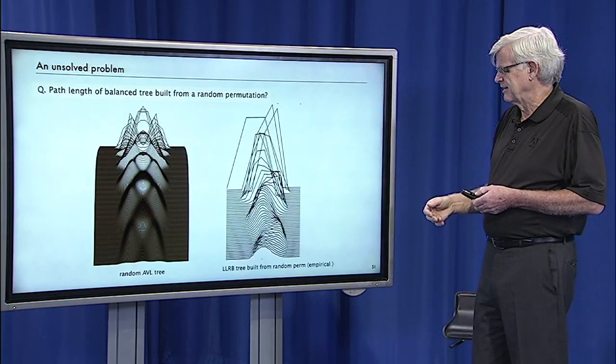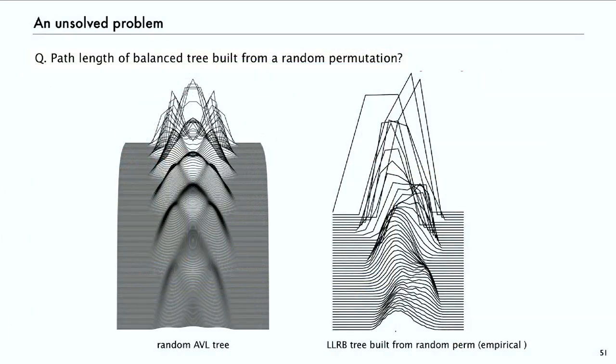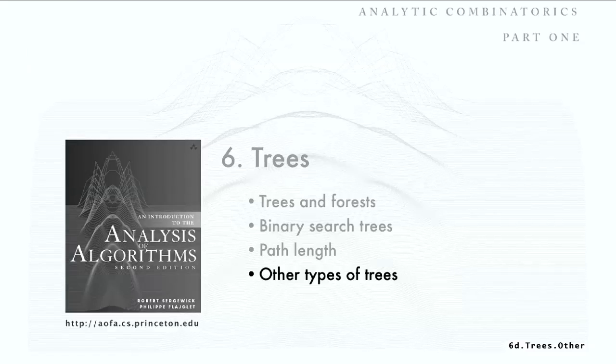There's that plot, and this is an empirical plot for LLRB trees. It seems to have some of the same characteristics, but still we're not close to understanding how to determine the path length of a balanced tree built from a random permutation. The other ones, random AVL trees and random 2-3 trees, have been studied with analytic combinatorics, and we'll touch briefly on that in part 2.